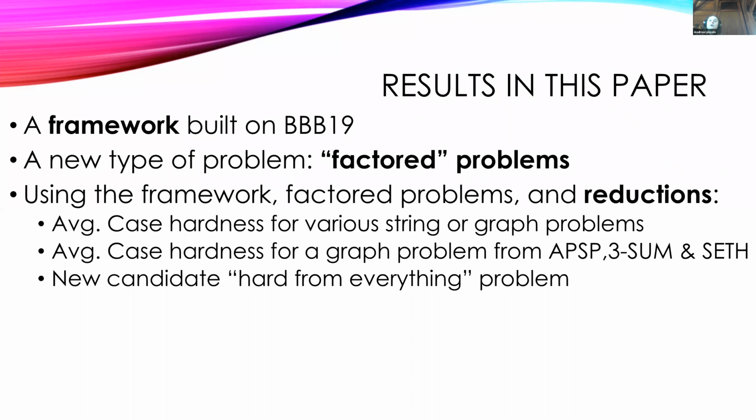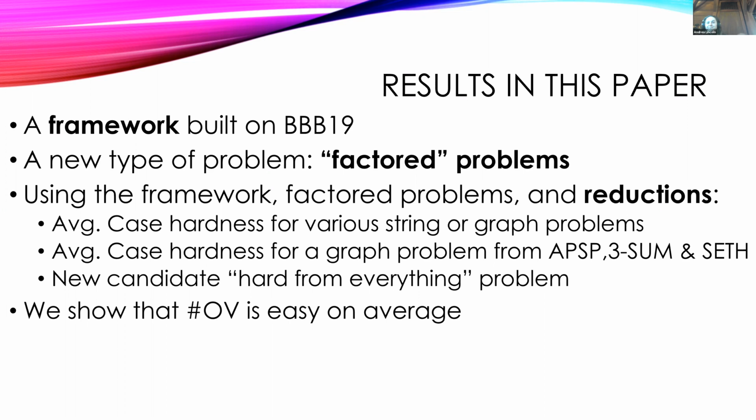And notably, you can show average case hardness for this node-labeled s-t connectivity problem from factored zero 3-clique, which means that you get that hardness from the assumption of any of APSP, 3SUM or SETH being true. Suddenly this distribution is hard. And as a result, we get a new candidate hard-from-everything problem.